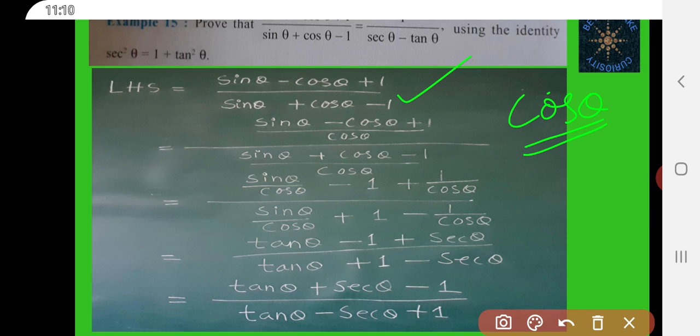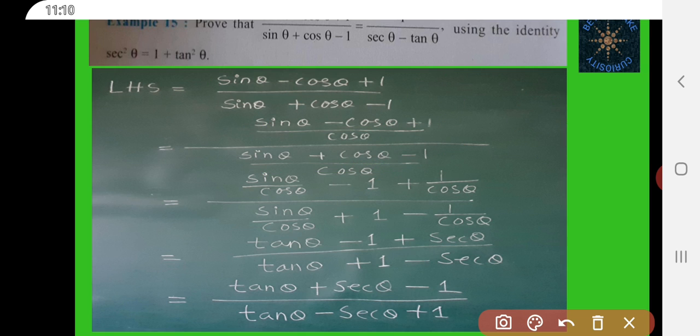Okay. Now divide. The numerator is (sin theta minus cos theta plus 1) divided by cos theta, and similarly you divide the denominator by cos theta: (sin theta plus cos theta minus 1) by cos theta.